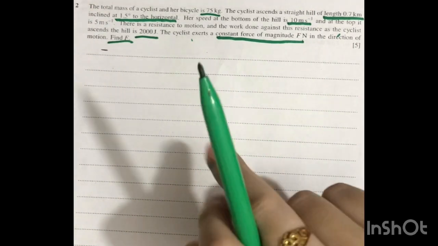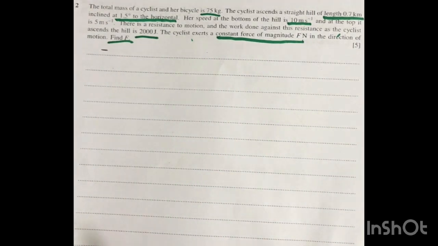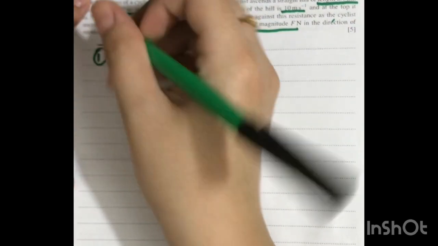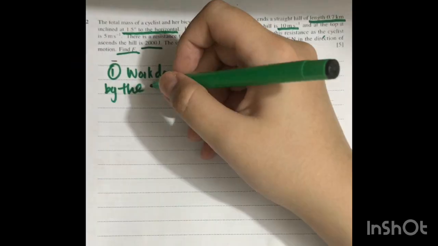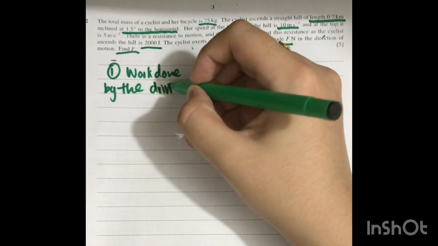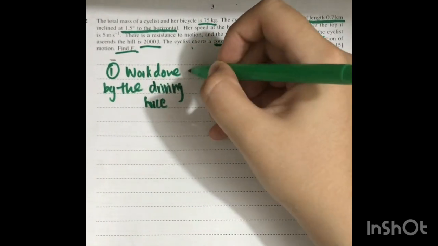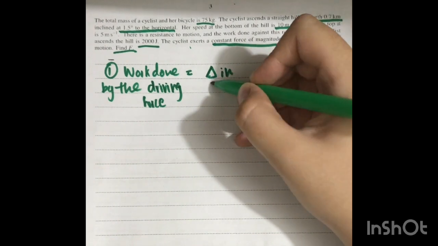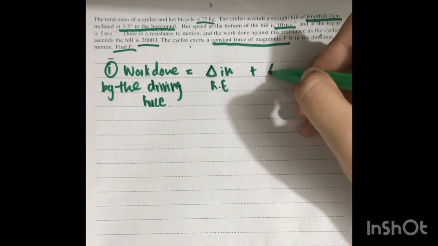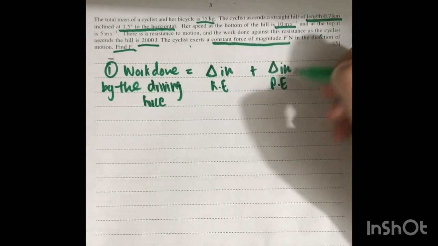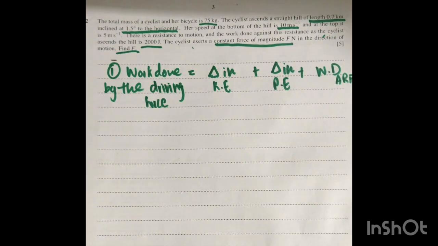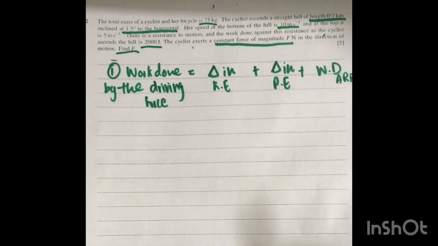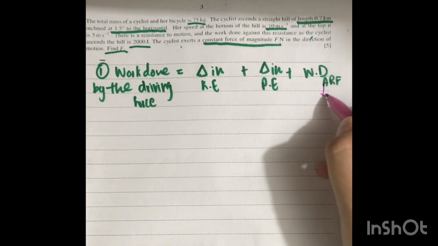Since they've already given us the work done against the resistive force, which is part of the formula, I will use the work power energy formula, which is work done by the driving force is equal to the change in kinetic energy plus the change in potential energy plus the work done against the resistive force.